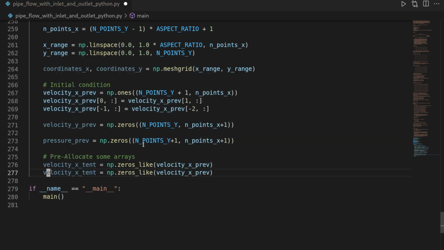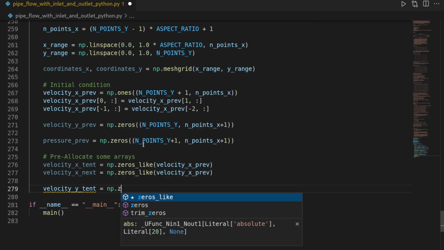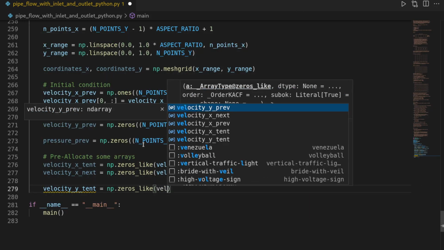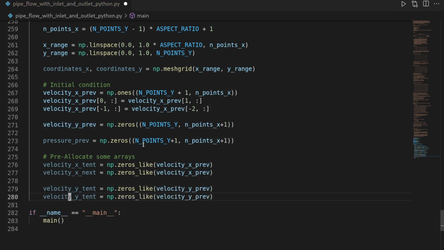I will just copy that for the velocities x at the next time step. And then let's do velocity y tentative. And the tentative is after the solution of the momentum equation. So this one is also going to be numpy zeros like, but has the y shape. And then the next is similar.